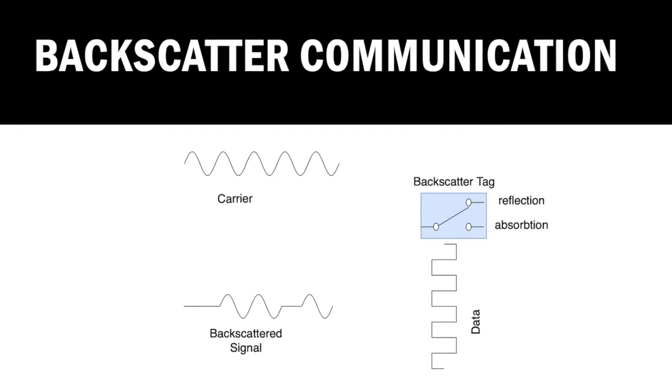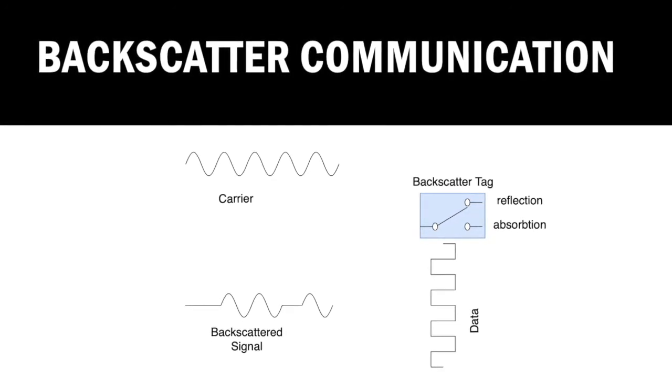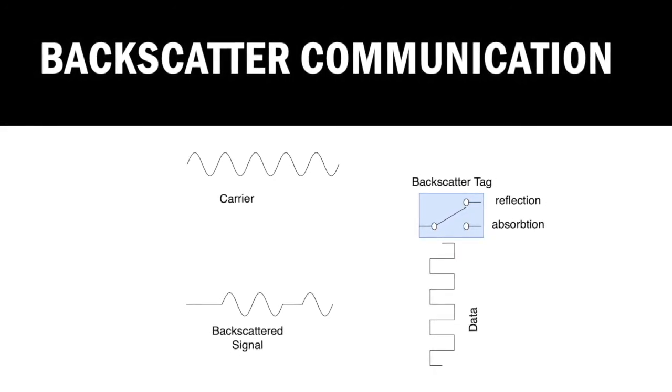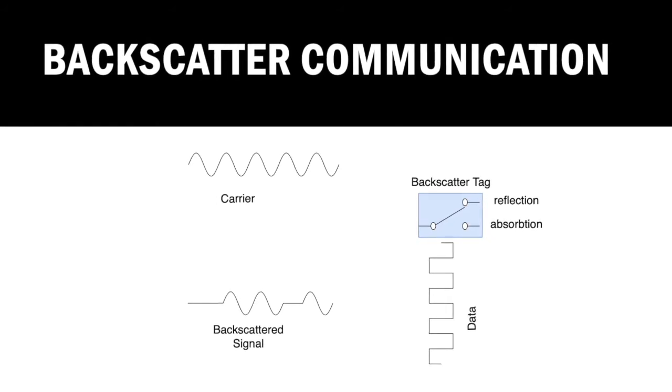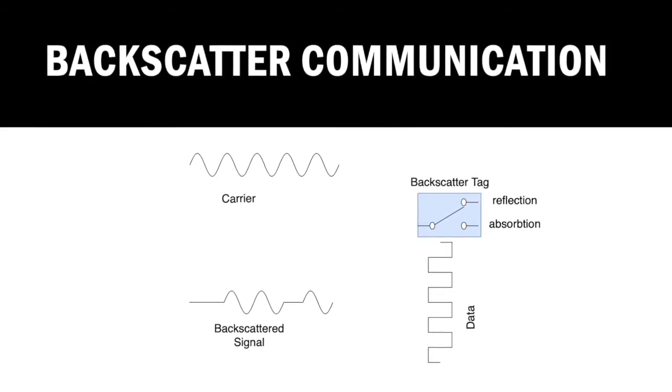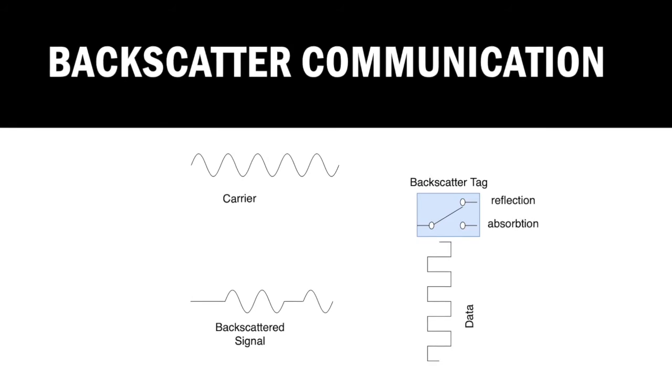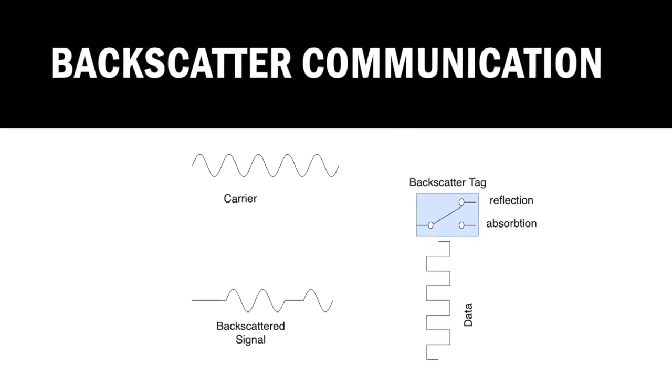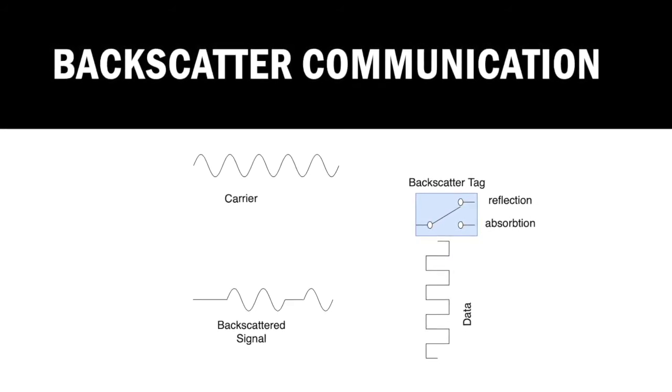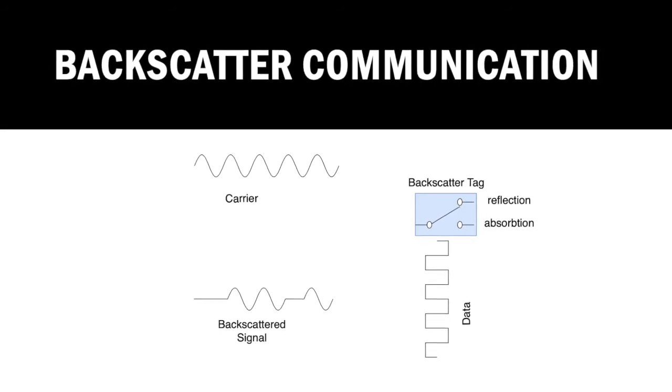This is how the data is modulating the carrier, because the data is saying when the carrier wave should be reflected or absorbed, and we get the modulated carrier wave with the data as the backscatter signal, which shows where the zeros in the data should be and where the ones in the data should be.